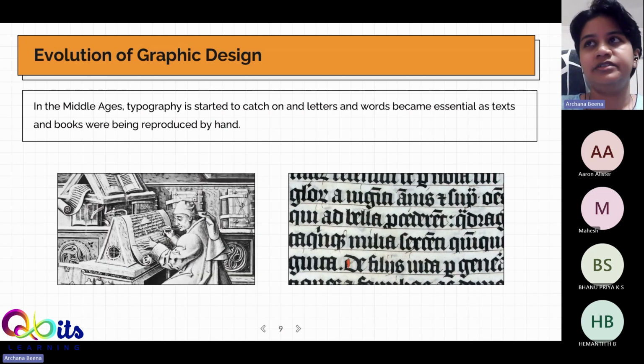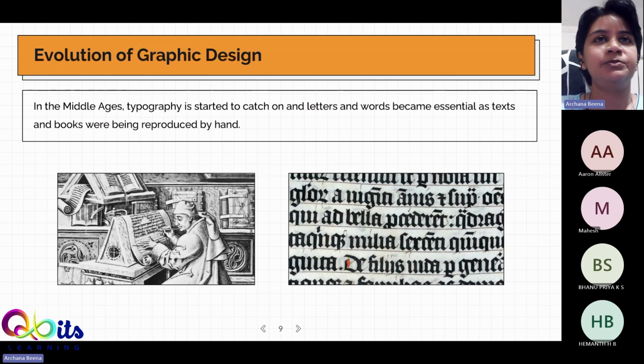And after iconography, the next thing that came about was typography. And this started to catch on, and letters and words became essential as texts and books were being produced by hand. So people wanted to convey more complex ideas, wanted to do it in a more eloquent way, wanted to put it down in simpler words.